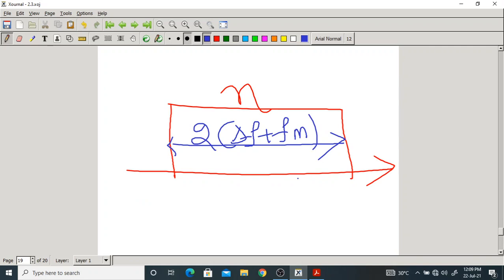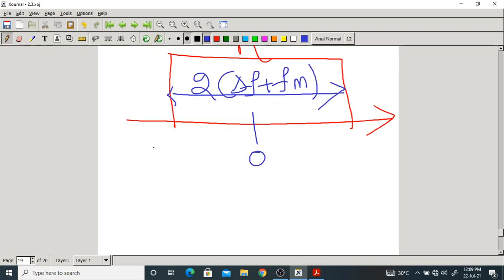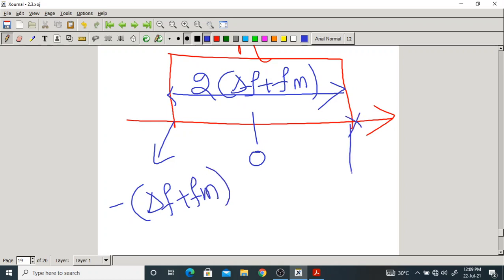But this is the center, the origin is the center. Obviously what would this point be? Minus delta f plus fm. And what would this point be? Plus delta f plus fm. It goes from minus to plus, that's why it is 2.